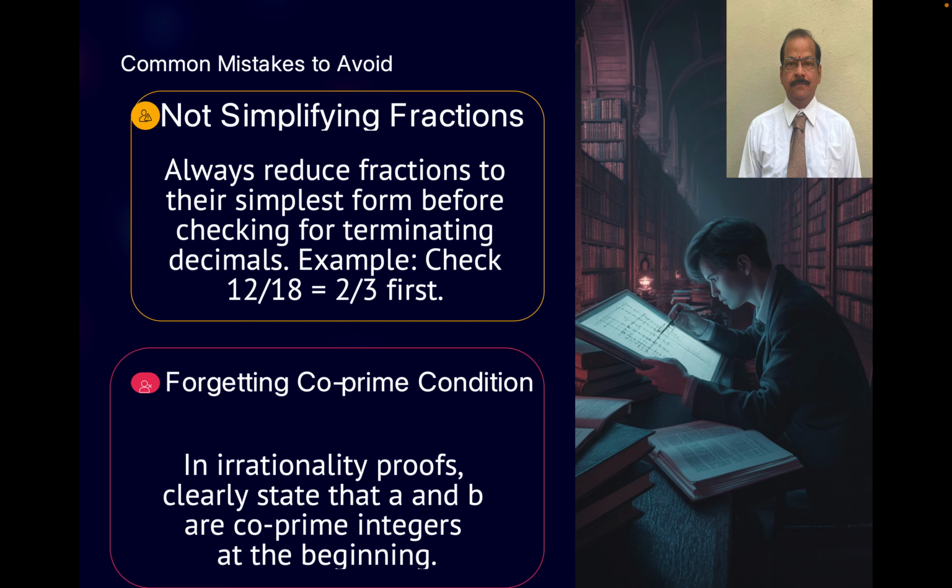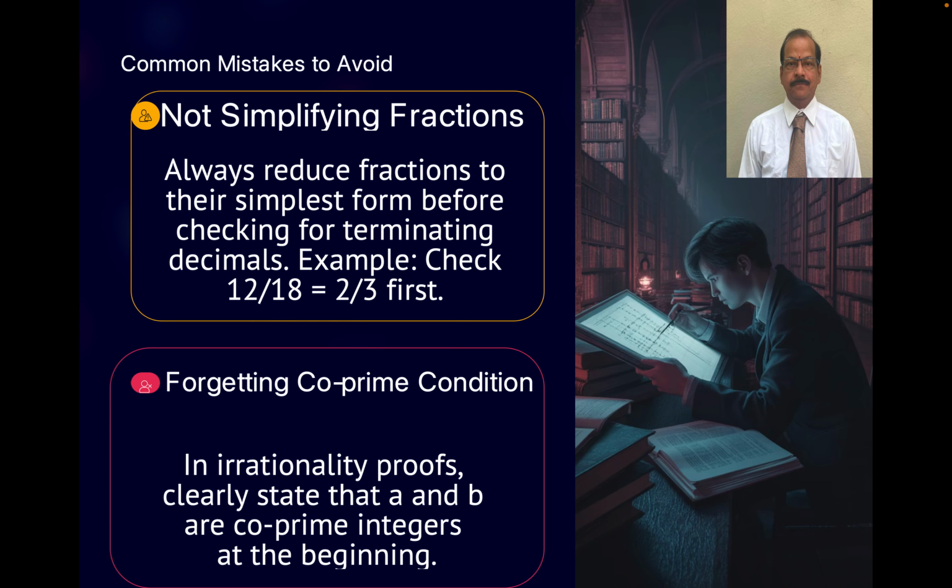The first common mistake is not simplifying the fractions. It mostly happens when you are in a hurry answering in an examination. The moment you look at the Q factor, that is P by Q, you will try to factorize it, and there is a problem.